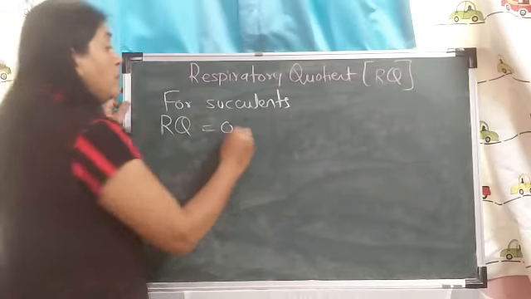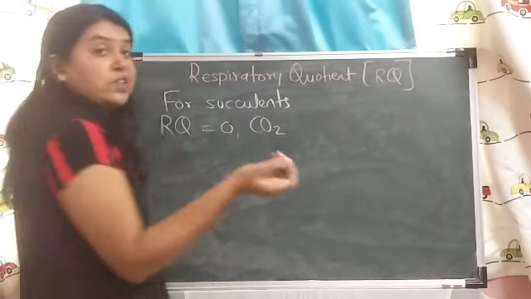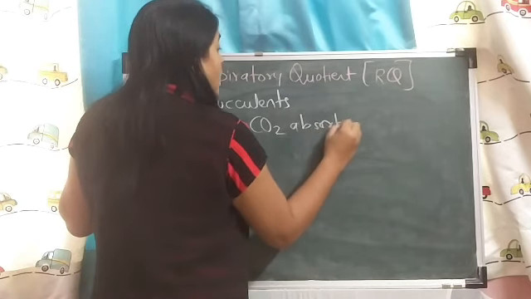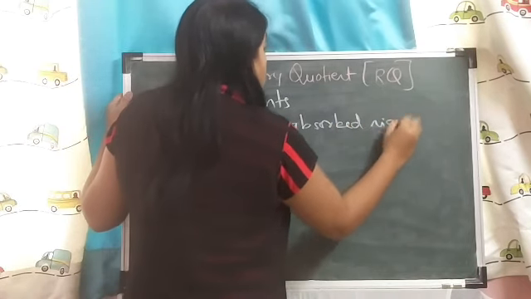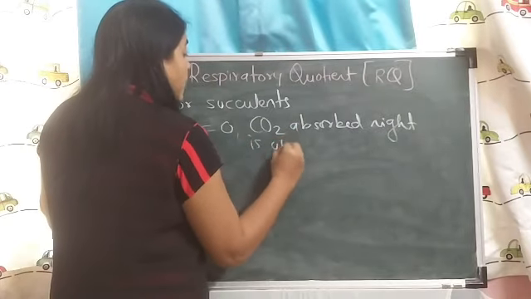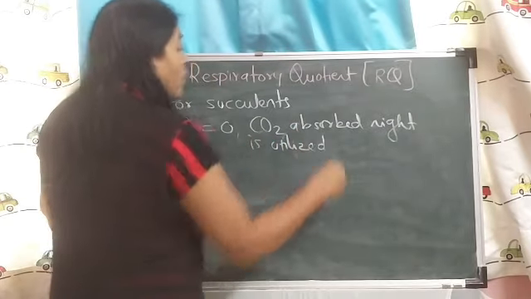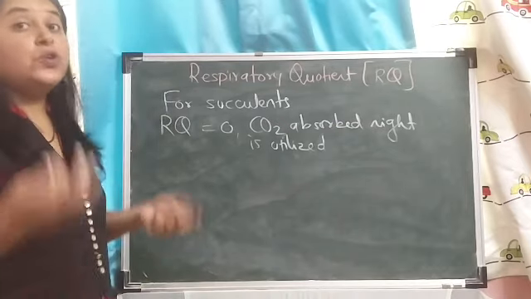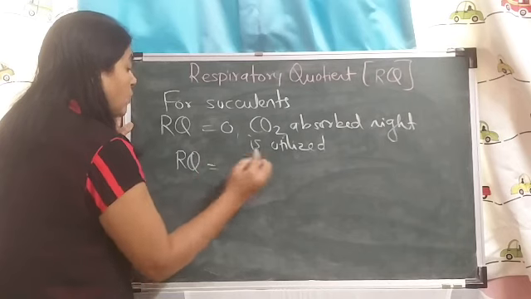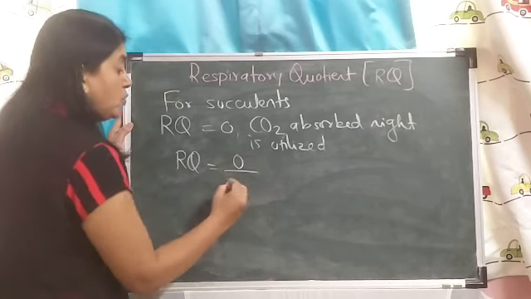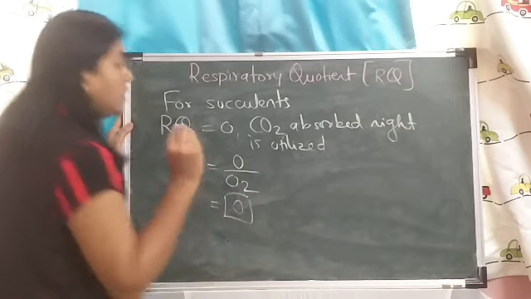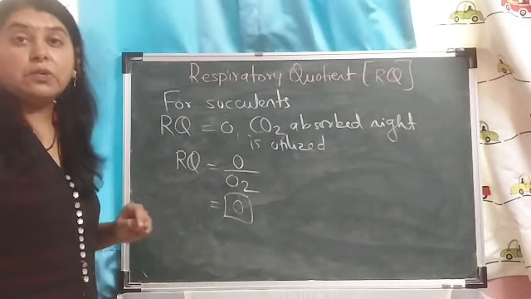Why is it 0? Because CO2 absorbed during the night is utilized and stored. Therefore O2 is not released, it is used. So what will be RQ? RQ will be equal to 0 CO2 upon oxygen. So the value of RQ will be equal to 0 in case of succulents.